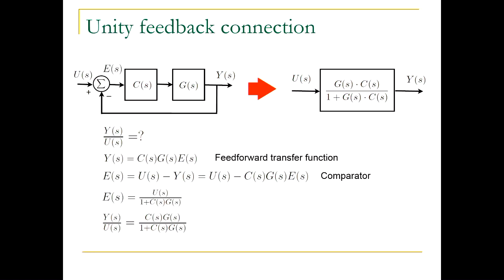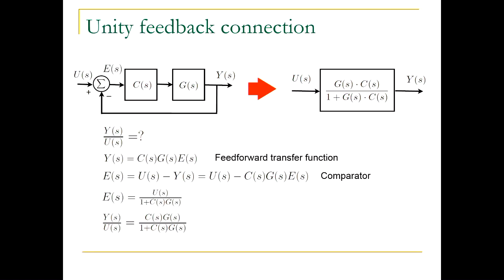So since I define this signal E, I can write that Y is equal to CGE. I'm using here the series connection. What is E? Well, E is U minus Y, but Y, I just found it to be this, right? So I can substitute it. Why do I have here minus? Because of the minus in the diagram. If the minus was plus, I would have to use here plus, so things will change.